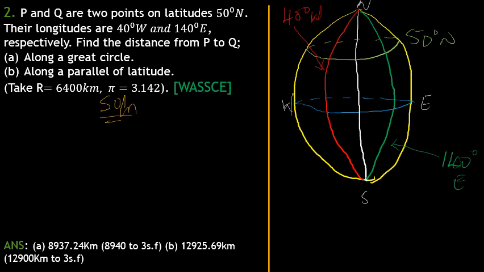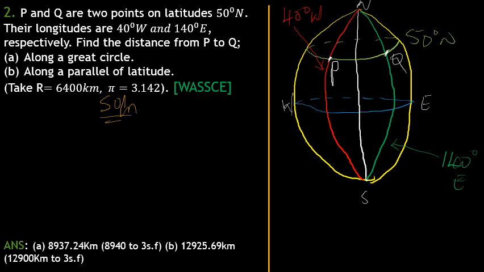Okay, so where are the 2 points? These are the 2 points. The first one is P. They say respectively, so you have to go based on the one that comes first. That's P here, and then here is Q.